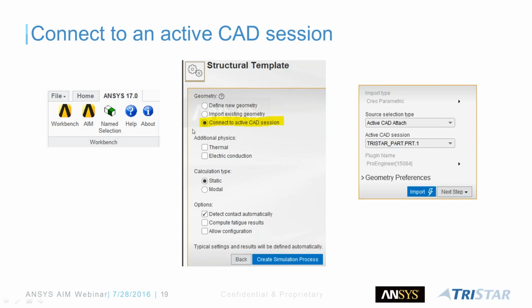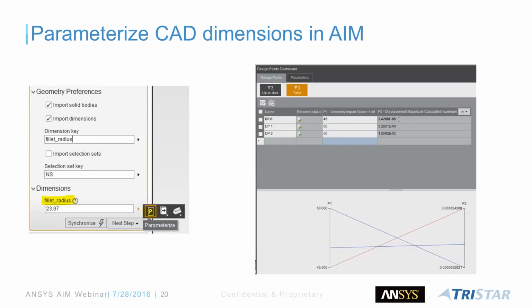Or you could launch AIM and then connect it to a live CAD session wherein you may have a few parts and it picks up that part, or you could select from a list of active parts or assemblies and bring it into AIM and start working on it, including the ability to export or expose dimensions or parameters. Like in this example, I've exposed the fillet radius and parameterized it, right?